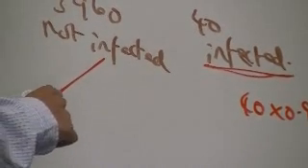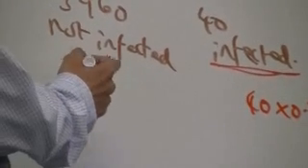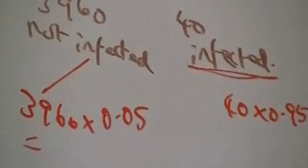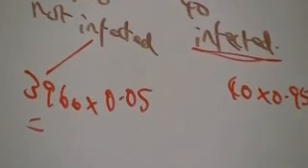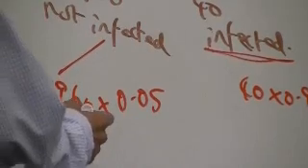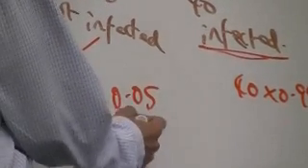Now, when you run this on the 3960 computers, it has 95% accuracy again, which means it can say 5% of them are infected when they are not really infected. Right? So, what is 3960 times 5%? That should be 198.